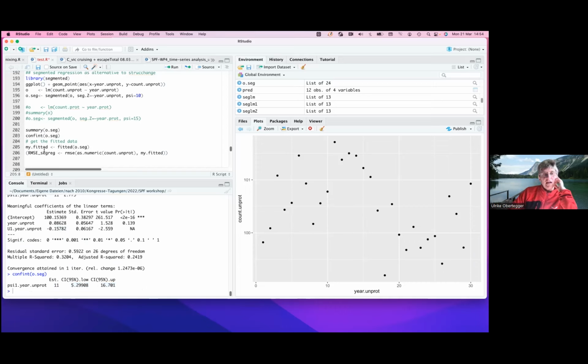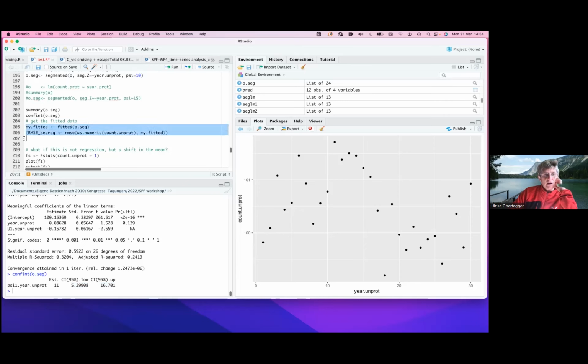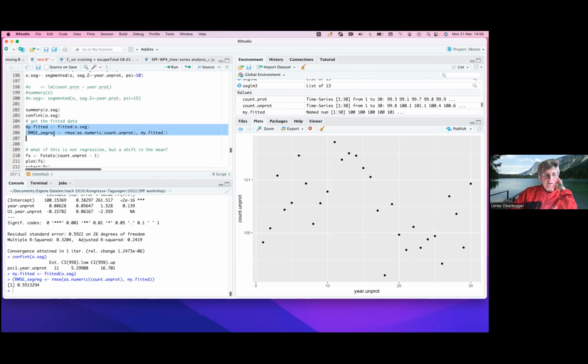If we then want the root mean square error for segmented regression, it's 0.55. With strucchange it was 0.43, so segmented regression is already higher. So segmented regression is not the way to go.